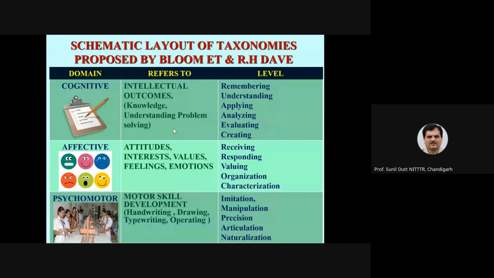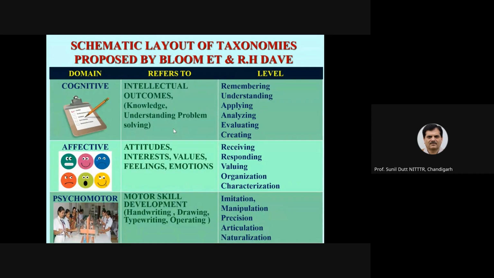Affective domain is concerned with our attitudes, feelings, interests, values, emotions. These cannot be measured by paper pencil test. These are measured through observation. So there are 5 levels: receiving, responding, valuing, organization, characterization.